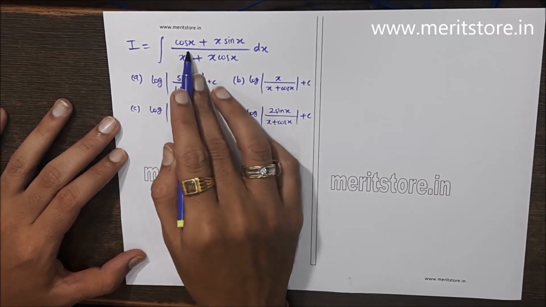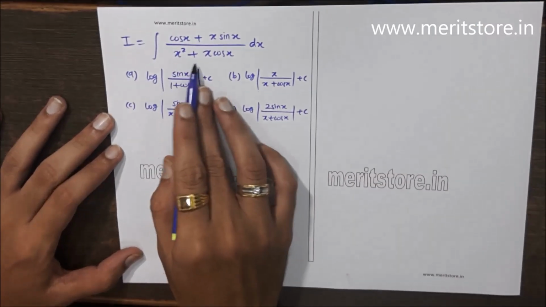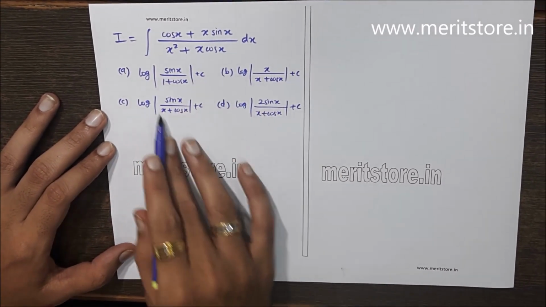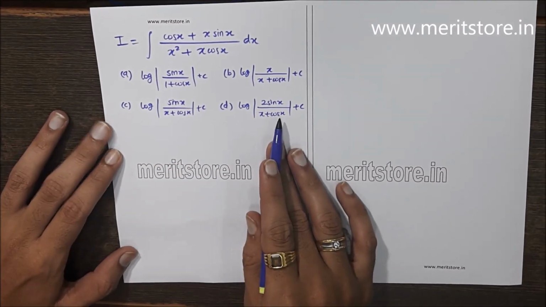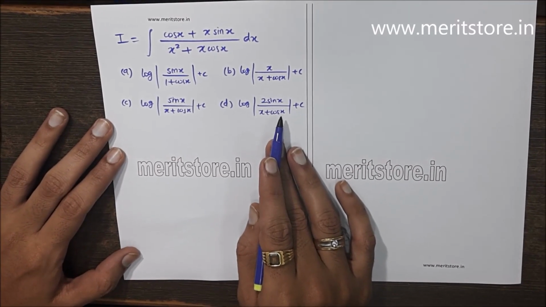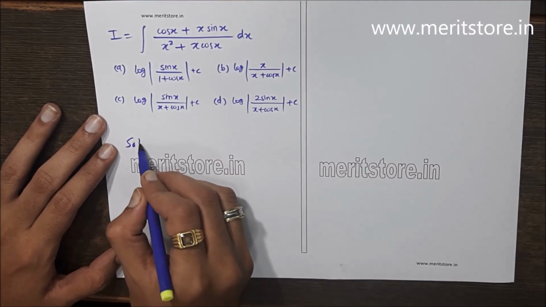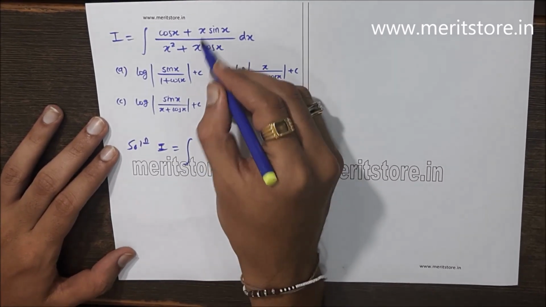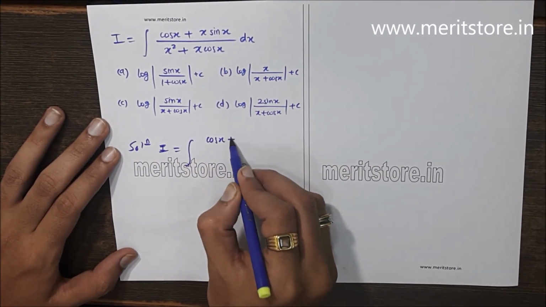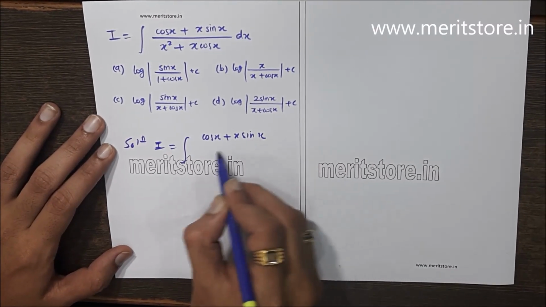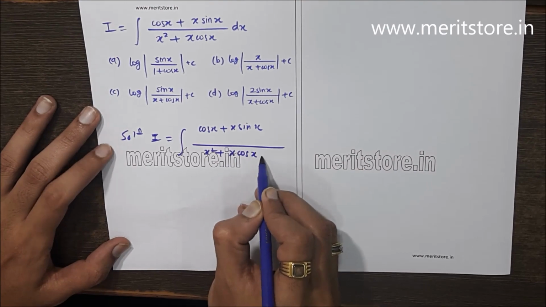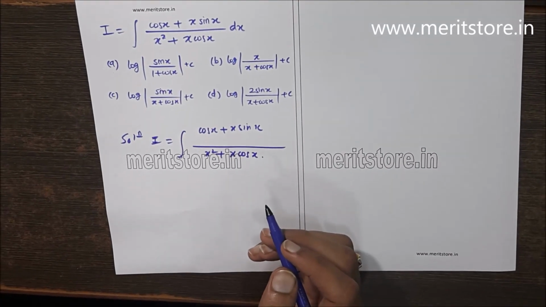Integral of cos x plus x sin x upon x square plus x cos x. The options are as follows. Now, what we do at first step is I'm going to divide the numerator and the denominator by x square.